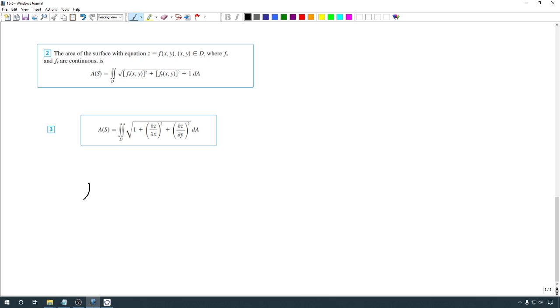There we could say that the length of the curve of some, if we were graphing, say, y equals f of x, the length of that curve would be the integral from starting point A to ending point B of the square root of 1 plus the derivative squared dx. These are very similar expressions.